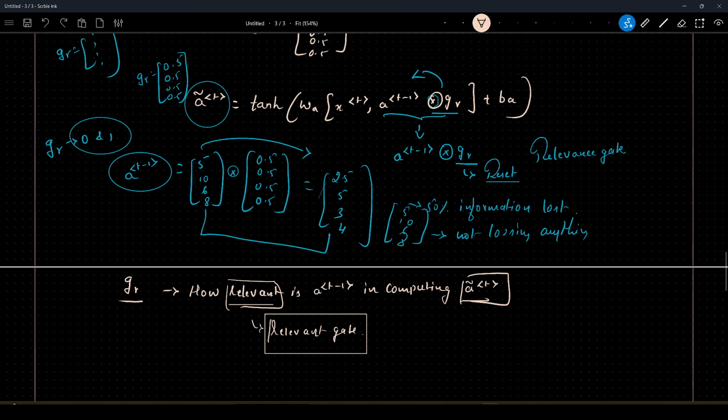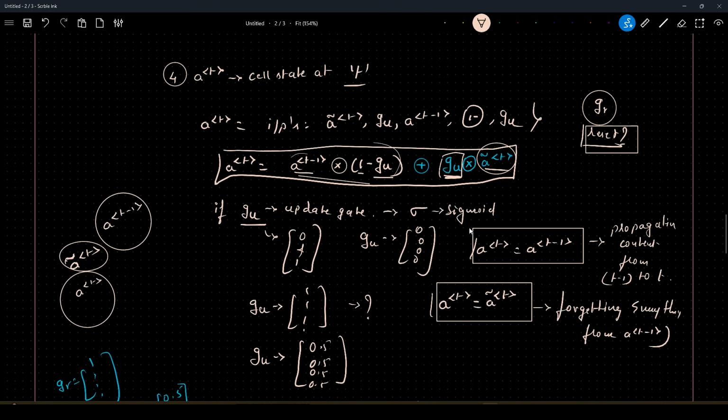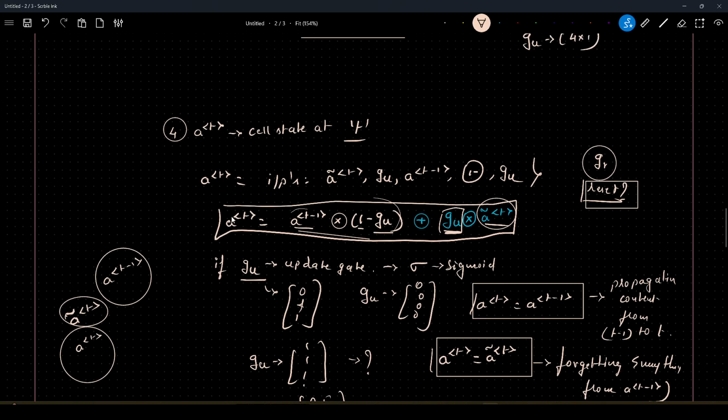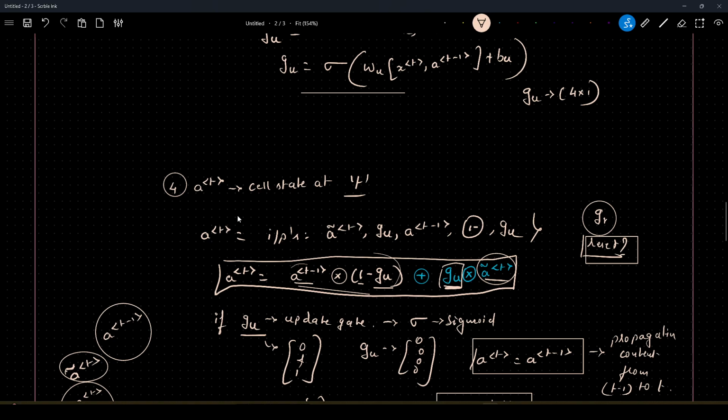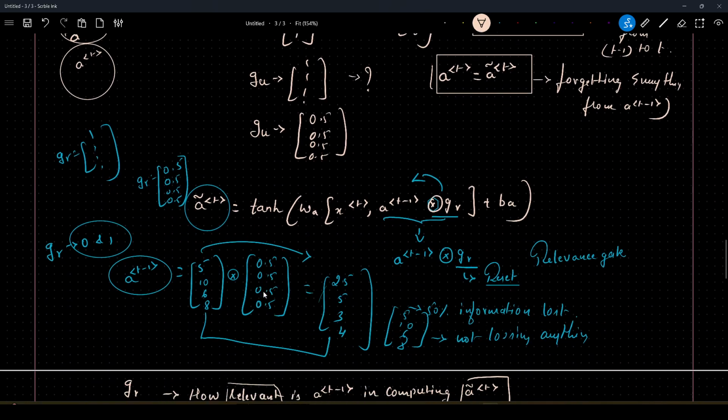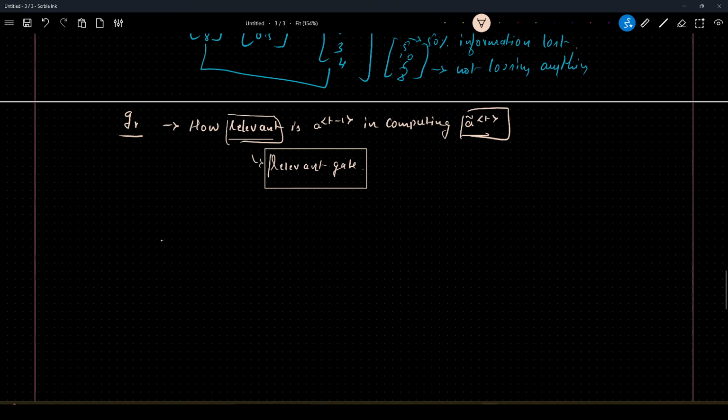Okay, so hope you are clear on GRU and how GRU is able to carry both long and short term context with the help of only 2 gates. I have already explained it here, but let me explain it again. I'll write the expression for AT again here.